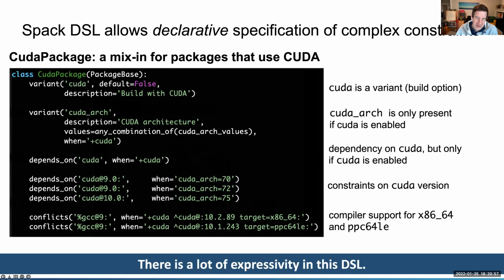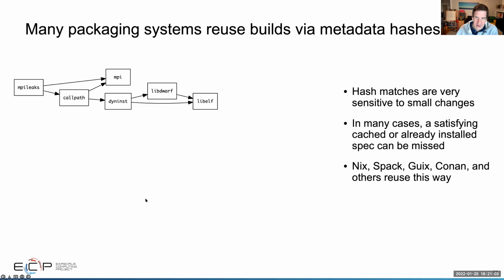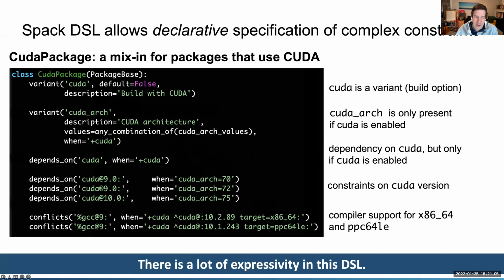And so we can actually express that and differentiate between this version of CUDA on this platform and this version of CUDA on this other platform and the GCC dependency. There's a lot of expressivity in the DSL now with all these new conditional features. And things that did not work before, like enabling OpenMP on your BLAS when you depend on OpenBLAS, but not when you depend on other BLASs, is a lot easier now.